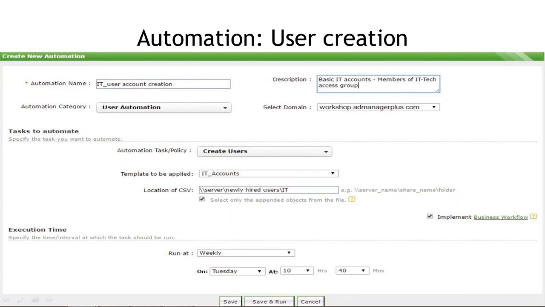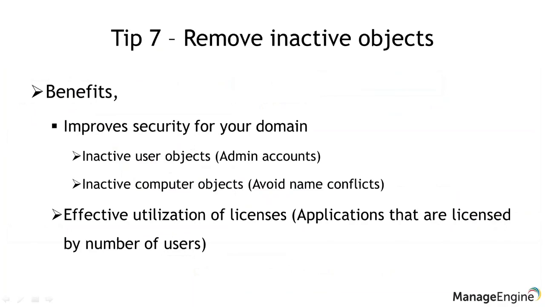If that's the kind of request and approve methodology that you're looking for, we give you an option to implement a business workflow. The application is not going to create user accounts in Active Directory. It would just raise a ticket for user creation and send it across to you with all the Active Directory attributes included. You as an administrator can review the request, and all you need to do is just hit create, and the account will get created in Active Directory.